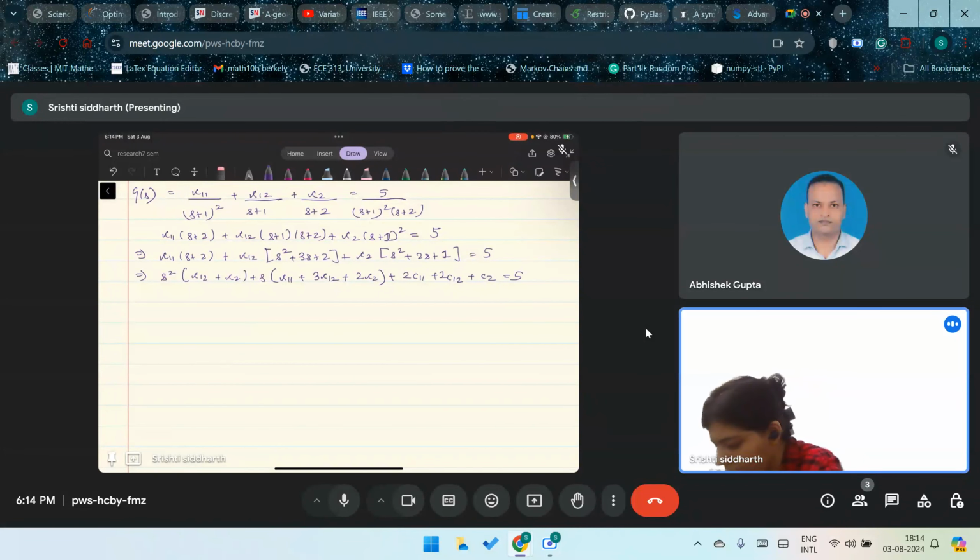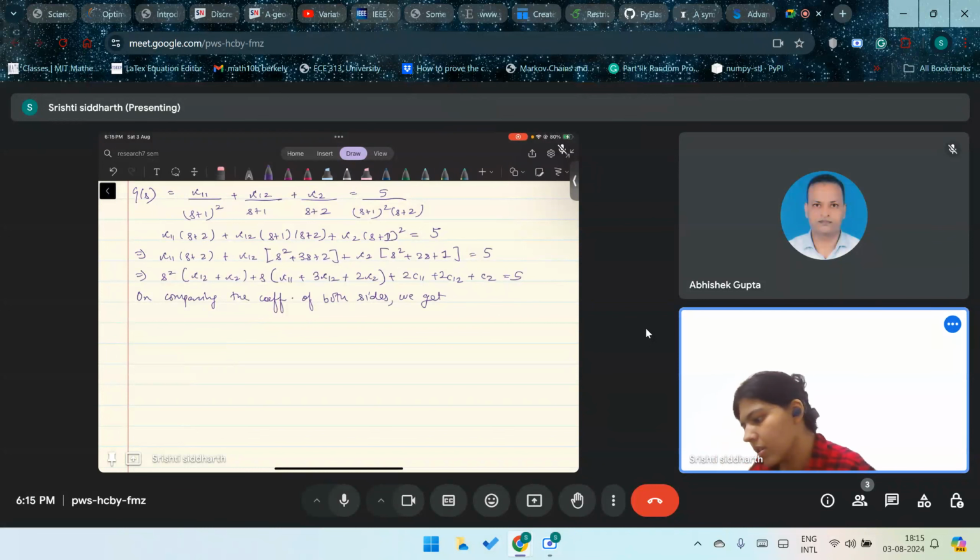Now let's compare the coefficients. So the first one is clear, C12 equals minus C2. We'll substitute C12 in the rest of the two equations.